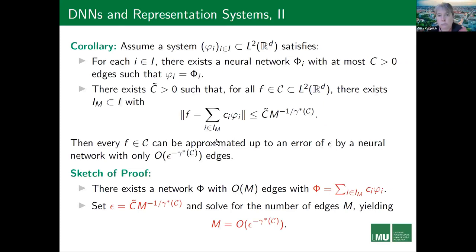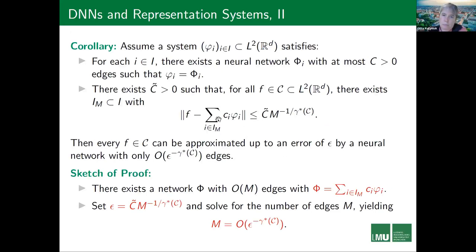And now if you put everything together, what one can basically show is that every f can be approximated up to an error of epsilon by a neural network with that many edges. So how can one come to that? We already saw that I can mimic this by a neural network with m edges.